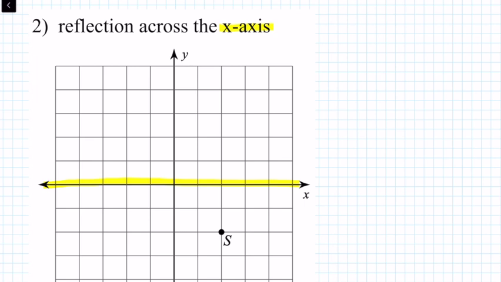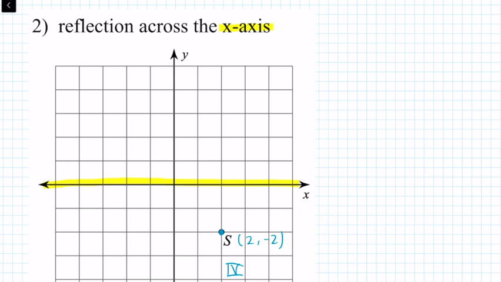And we're going to reflect this point S, which is at 2, -2. It's currently in the 4th quadrant, and now we want to reflect it over the x-axis.